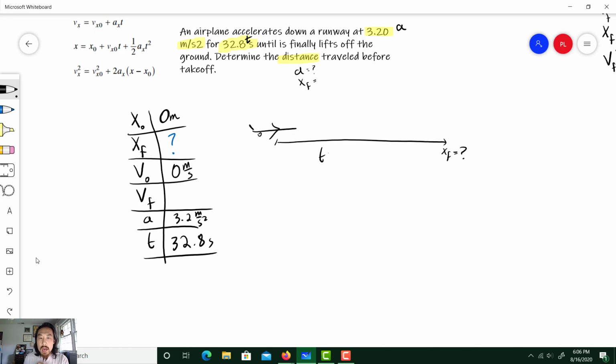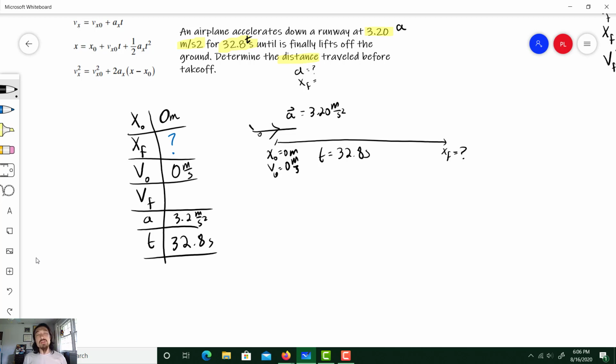We know that the time is 32.8 seconds, and we know that the plane has an acceleration of 3.20 meters per second squared. The initial position is 0 meters, and the initial velocity is also 0 meters per second, right? All right. Now, was this picture necessary? No, but it definitely helps me get my thoughts down onto the paper so that it can help me solve the problem.